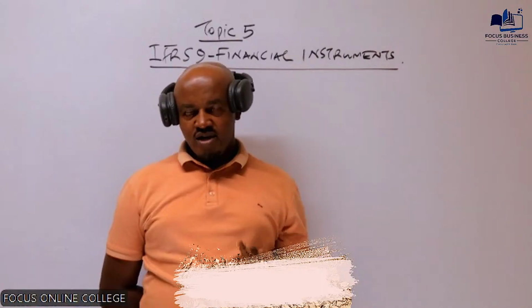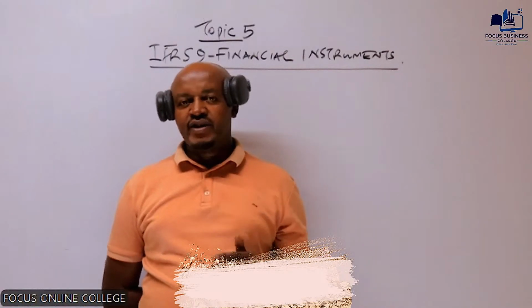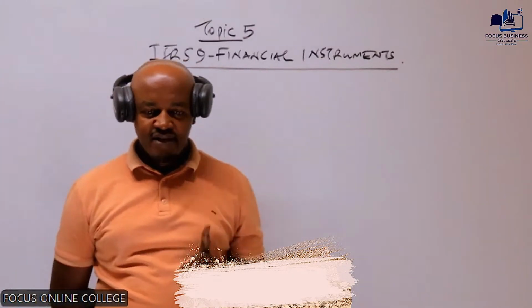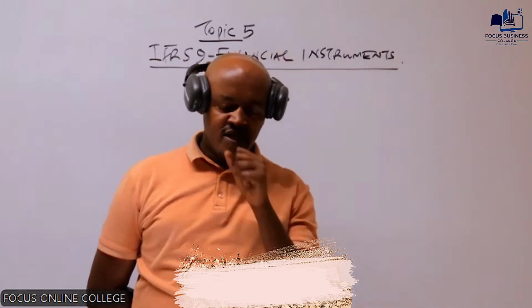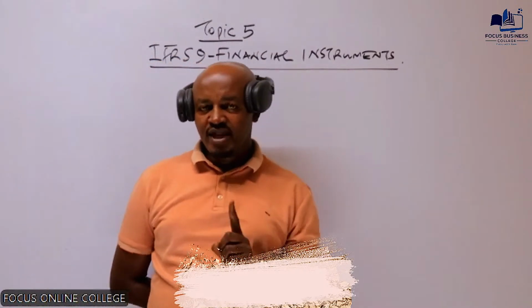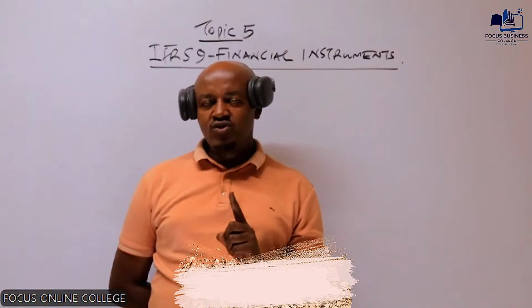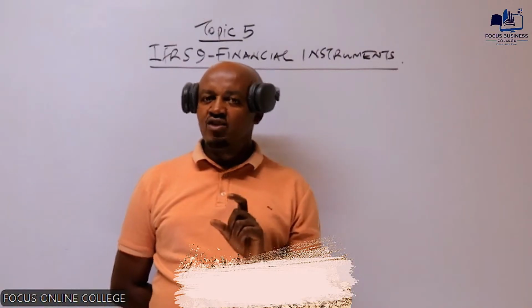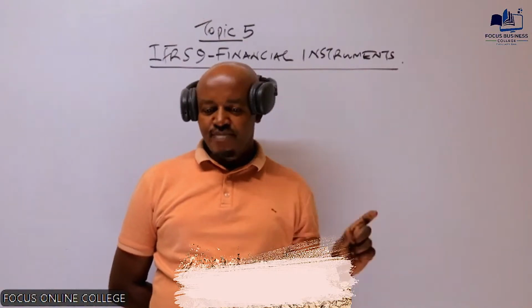But what is the definition of a financial instrument in accordance with IFRS 9? IFRS 9 defines a financial instrument as any contract entered into by a company that gives rise to a financial asset for one company within that contract, and a financial liability or equity to the other company.